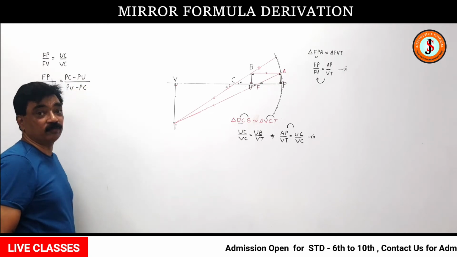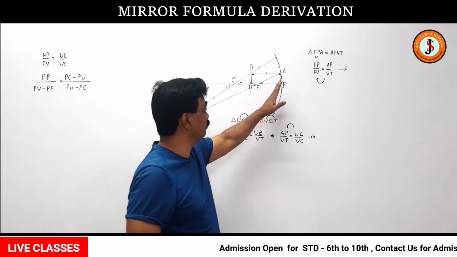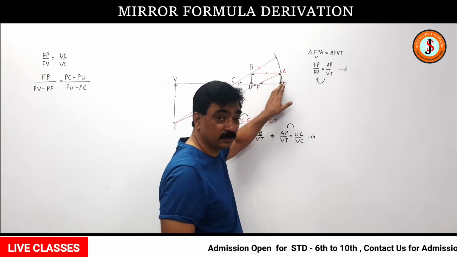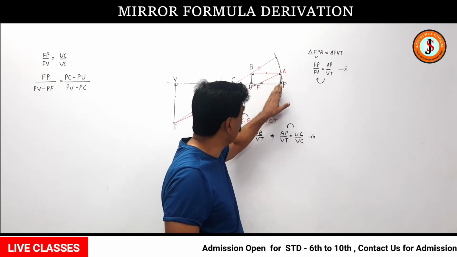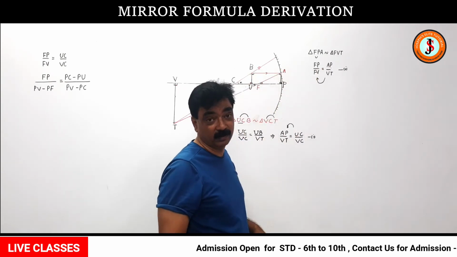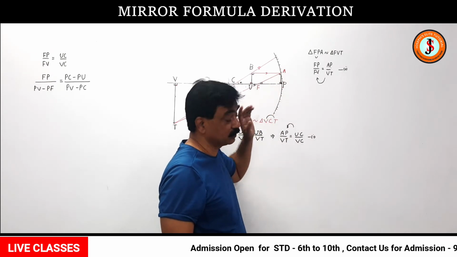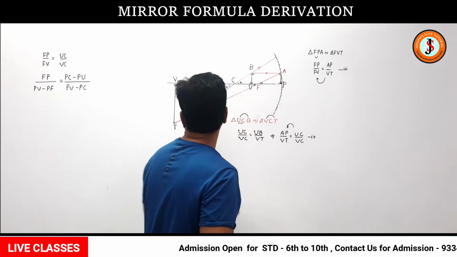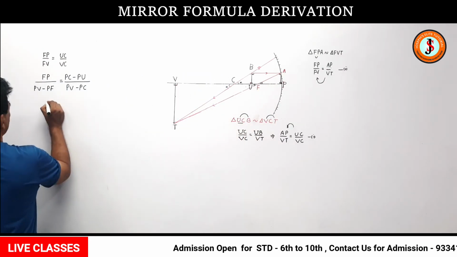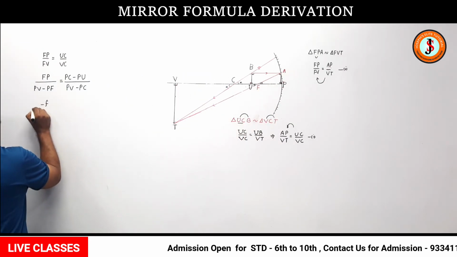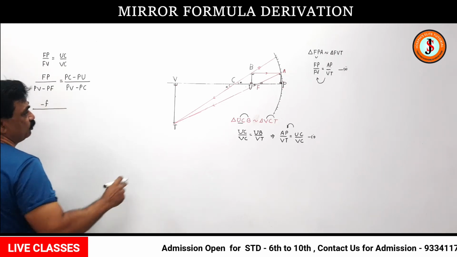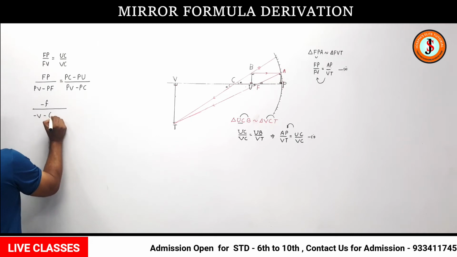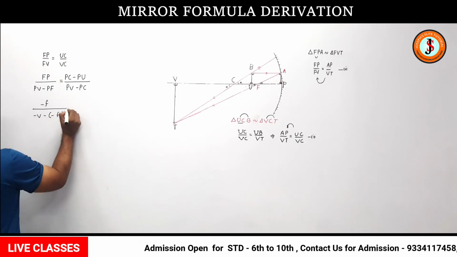Now we can do it very easily. Everything we are measuring, like focal length, we are going in the backward direction, opposite to the incident ray. That means all the lengths, by sign convention, we have to take as negative. PF is the focal length, so it will be minus F. PV is the image distance, coming backward, so negative.